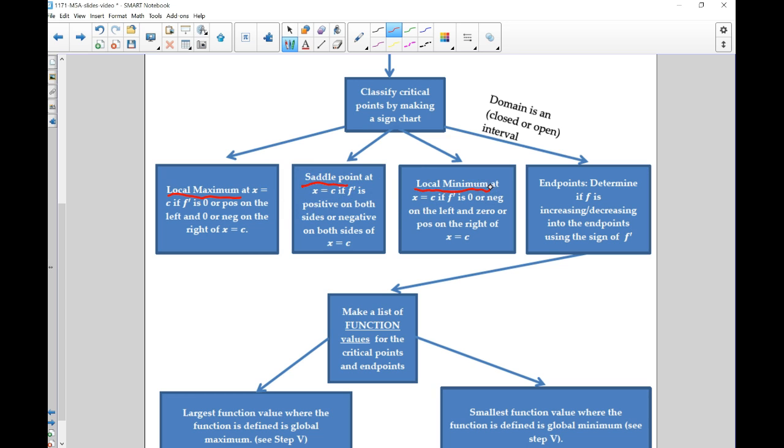Okay, and then the other thing that we need to make sure that we account for is the endpoints. And this next procedure is typically called the closed interval method.